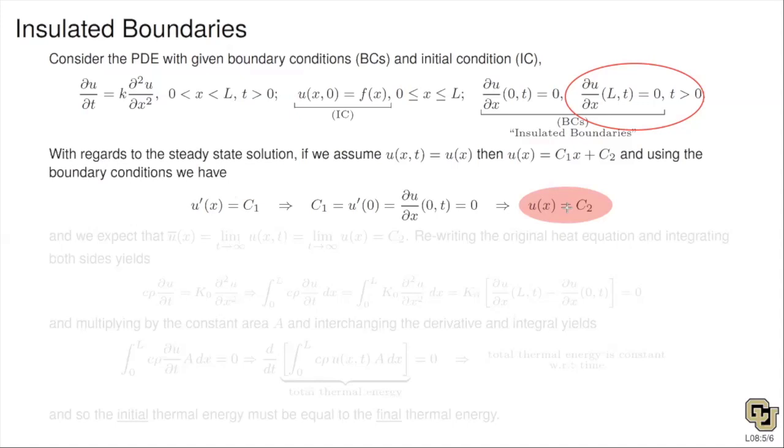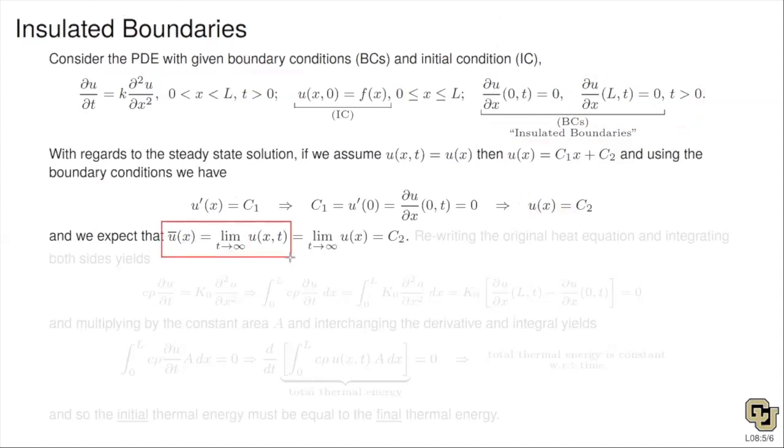Okay, so we still have one free constant, and it turns out that with two insulated boundaries, this is why this is a slightly different problem from the Dirichlet conditions, when you have information about u. What we expect is that our steady state temperature is the limit of u of x,t as t goes to infinity.